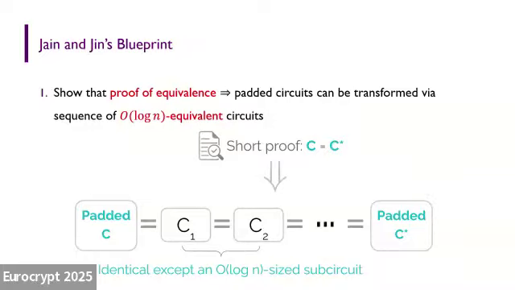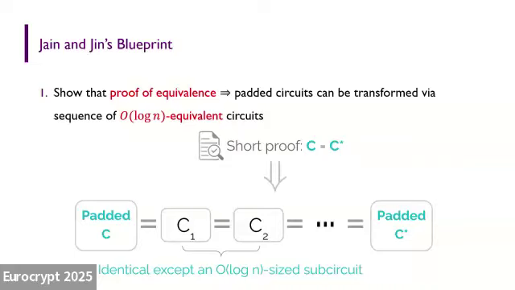Now it is time to describe Zhang and Jun's blueprint. First, they show that given a proof of equivalence, we can pad the circuits into a form that can be transformed via a polynomial length sequence of O-log equivalent circuits.